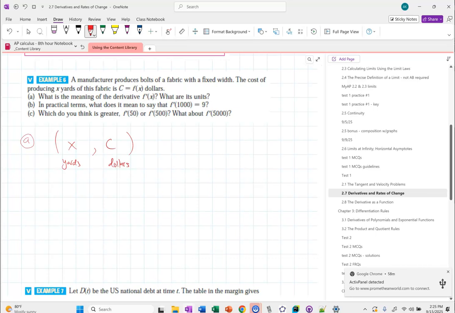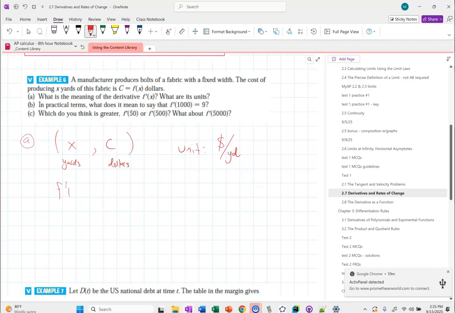So, let's do the unit first. The unit will just be, if it's really just slope that we're talking about, instantaneous slope, it's going to be the y unit per the x unit. Dollars per yard. Is okay.